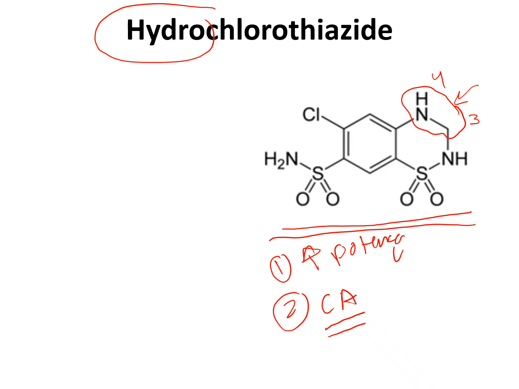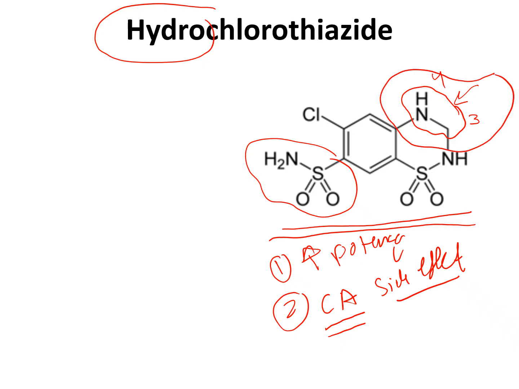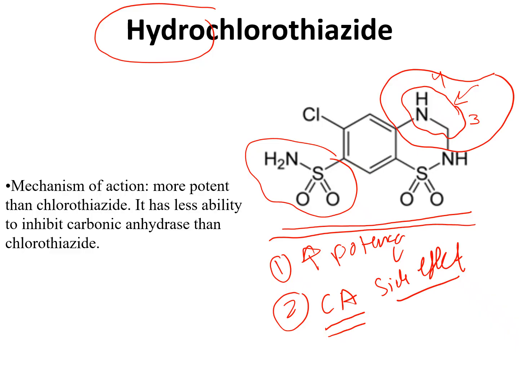We talked about carbonic anhydrase inhibitors in the previous lecture, and they all contain a sulfonamide, which is very important for their activity. These compounds have a similar structure with the sulfonamide, so they can cause, as a side effect, inhibition of carbonic anhydrase. It's not preferable to inhibit carbonic anhydrase because that could cause acidosis, metabolic acidosis. Because of the reduction of this double bond, there is less carbonic anhydrase inhibition than with chlorothiazide, which is a good thing. You don't want the carbonic anhydrase to be inhibited.